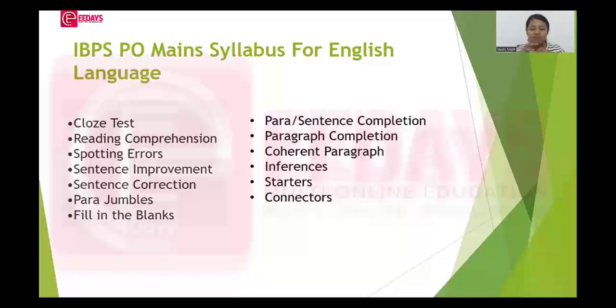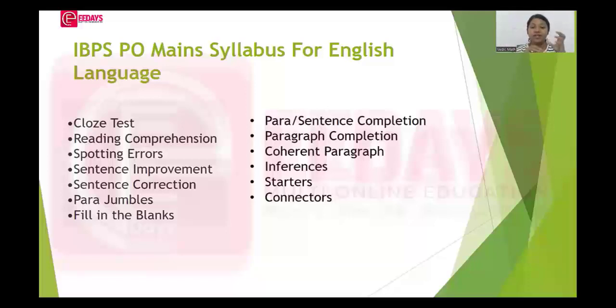And again, sometimes questions would be based on the normal grammar parts, and it can be misspelled words, or you can even get something like tenses and everything. So mostly, fill in the blanks will cover all the grammar part that we have.